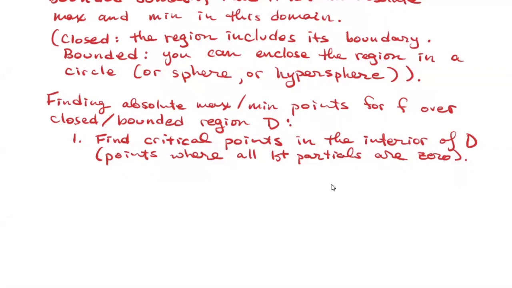Now, secondly, you're going to have to find critical points on the boundary of D. This is harder, and it requires that you parameterize the boundary.